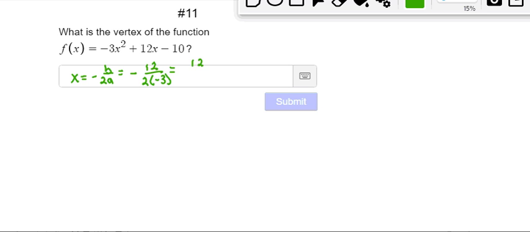So that gives us -12 divided by -6, which is +2.